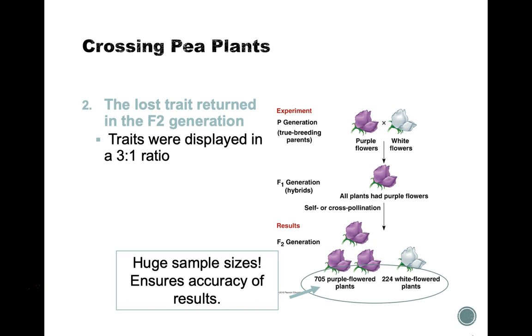Now, the other thing that's important to note here is that in that F2 generation, the traits were always displayed in roughly a 3-to-1 ratio. That means for every 3 purple flowers, you got 1 white flower.